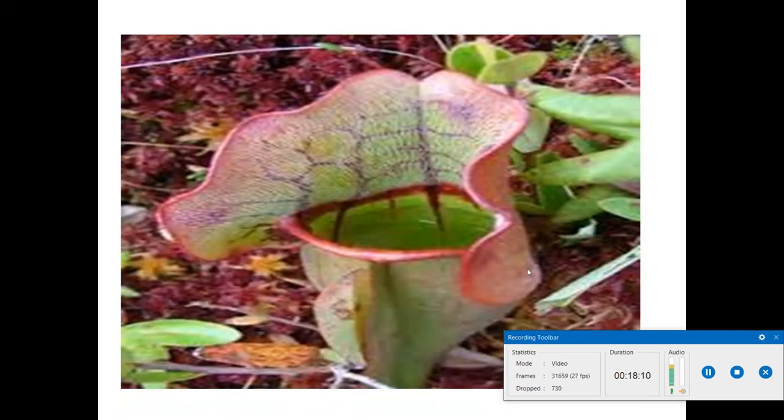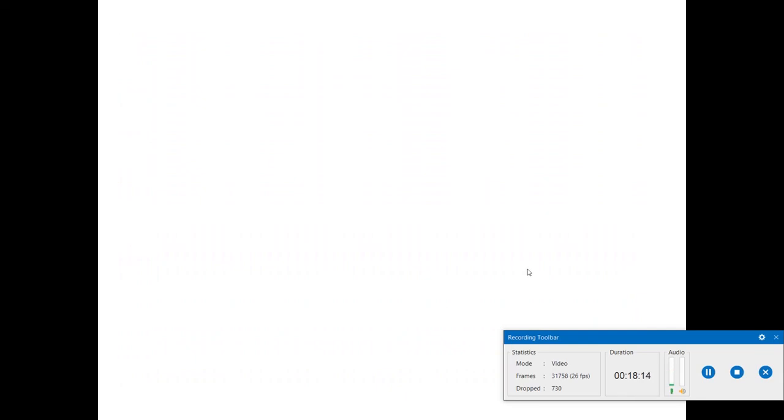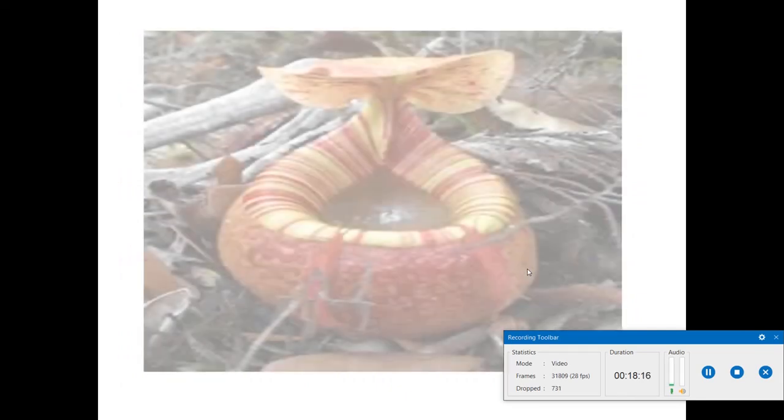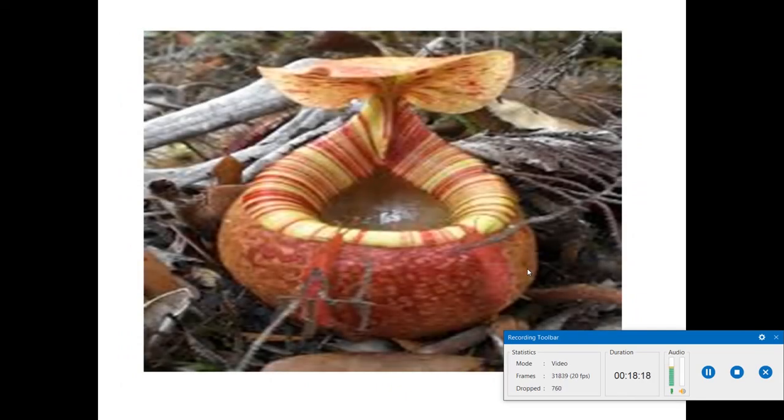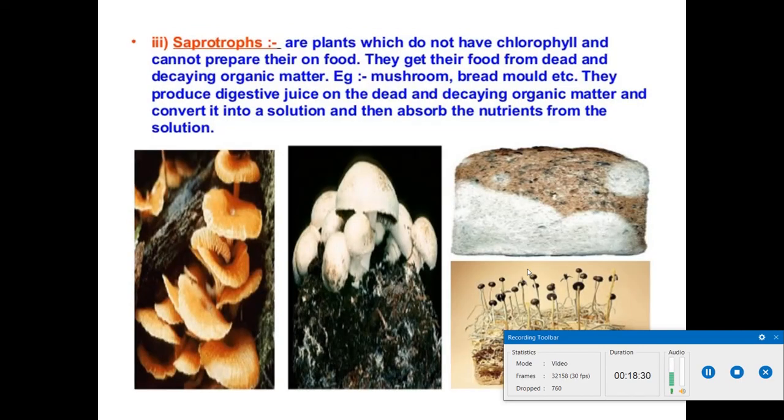Again, this is an example of a pitcher plant. Nepenthes, pitcher plant. Yes, here it will close the lid. Whenever the insect enters, it will close the lid, digest the insect and obtain the nitrogen from the insect.